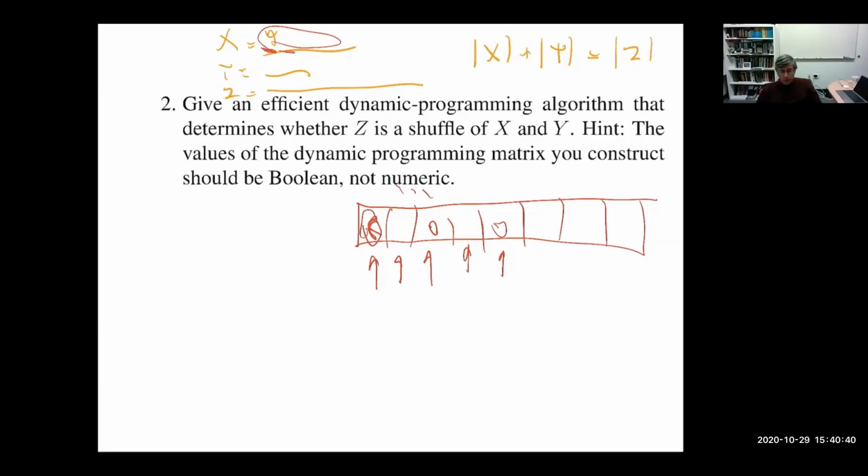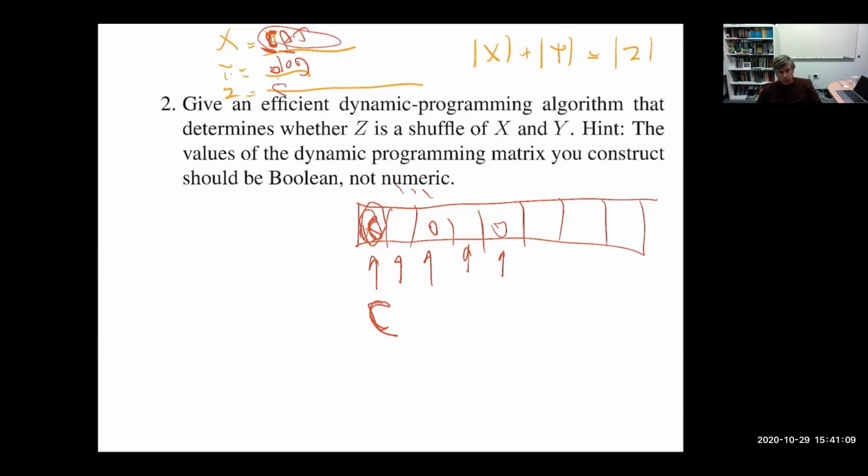Okay, so the first C, you're saying, if we have a world where the first string began with C and let's say it was cat and dog. If we see a C at the beginning of Z, does that have to belong to X, cat? Yes. But what's the nasty problem?